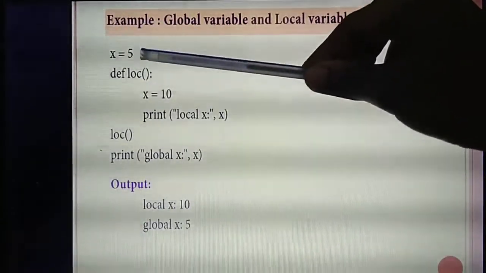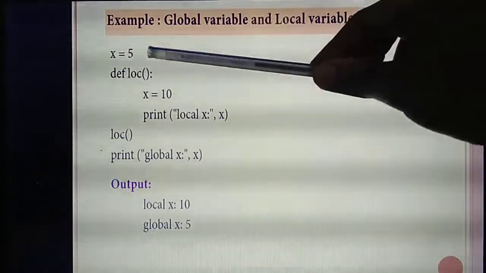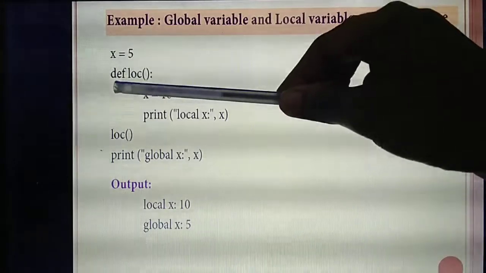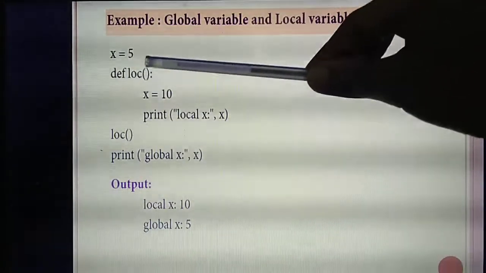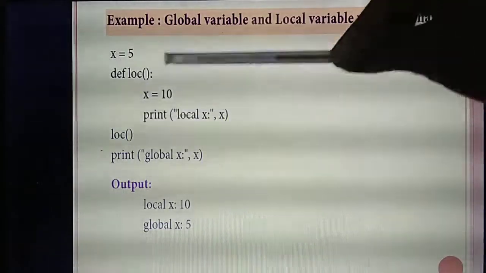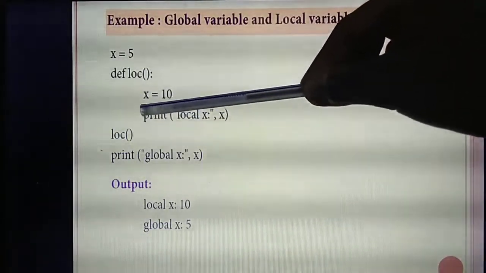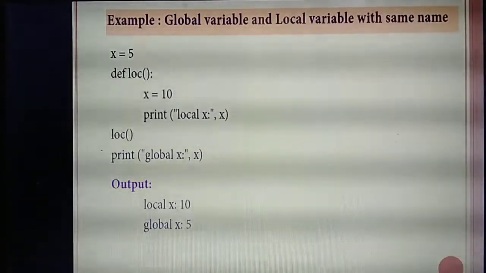So this variable is called which variable? Global variable. Next, you are defining one function. The function starts with the keyword def. Then what's the function name? LOC. Then inside this function, you are defining another variable called x. The name of the variable is the same, but the value differs. So which one is the local variable and which one is the global variable?